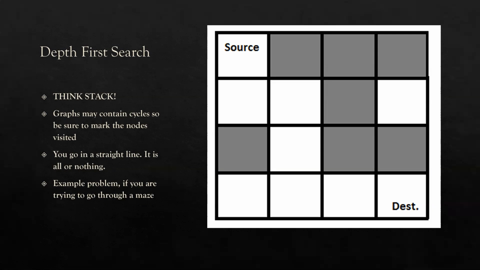One of the examples I'll go through is, suppose you start from the source and you're trying to hit the destination. With depth first search, you'll start from the source, and you have your stack, and you'll begin pushing these blocks in. First you'll push the source in.